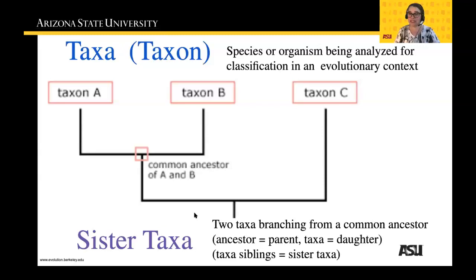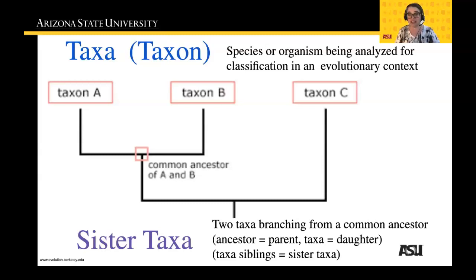When looking at species that are the end of the tree branches, we refer to them as taxa or a taxon. So each species or organism in its evolutionary context with other species is at the end a taxa or taxon. The common ancestor of A and B would be this square, right? The common ancestor that gave rise to both species A and species B is the square.